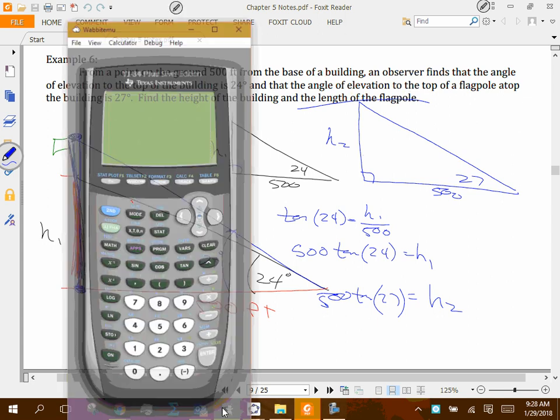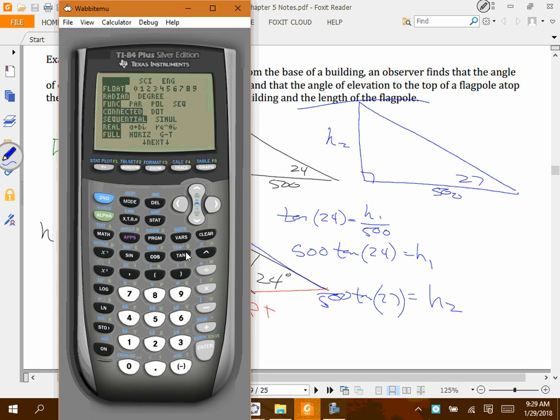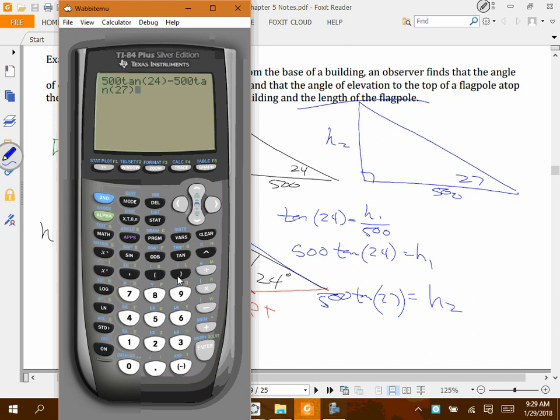So I can now take those two numbers and subtract them, right? Make sure I'm in the right mode. So we'll go 500 tangent 24 minus 500 tangent 27. Now, I've done something deliberately here.